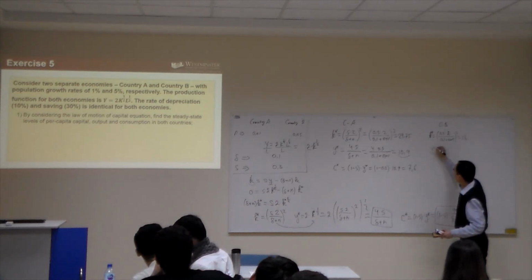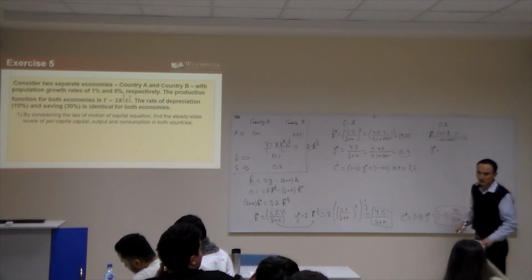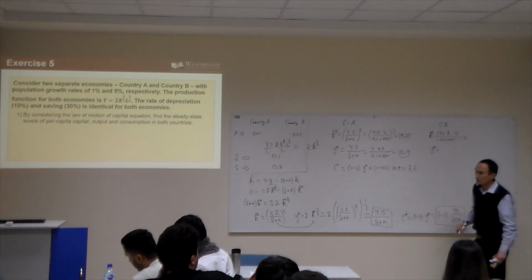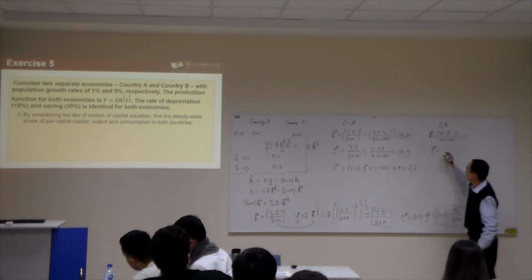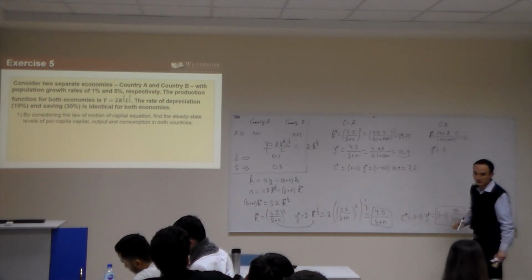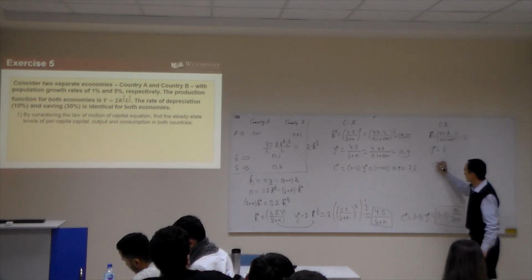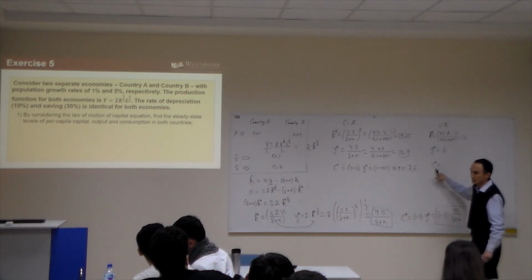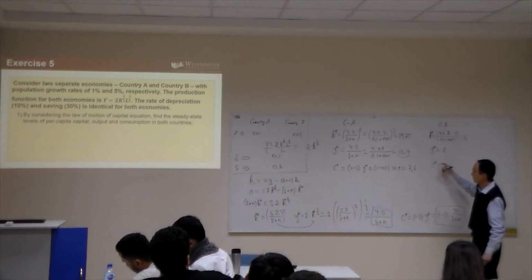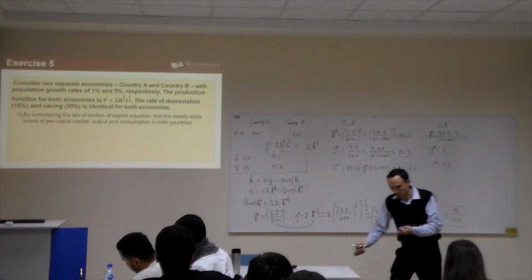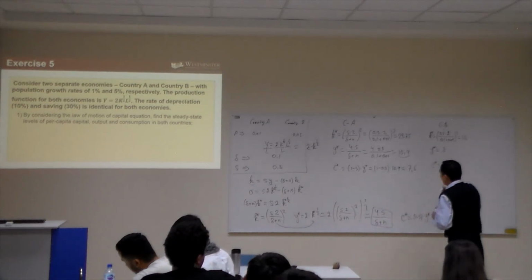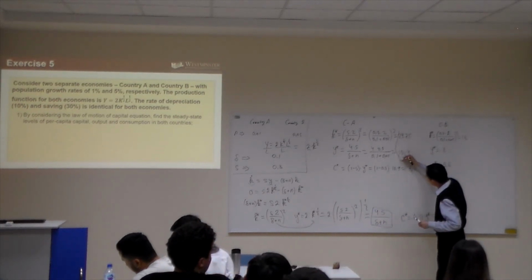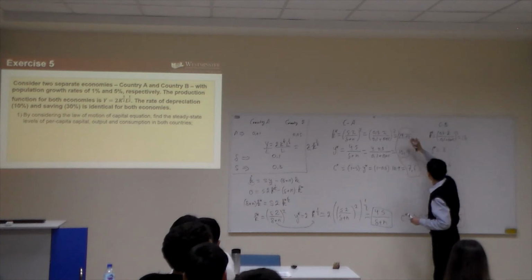If you find Y star, per capita output, if you apply it, it's equal to 8. And if you find consumption per capita in the steady state level, it's going to be equal to 5.6. Okay. 5.6. So now, data for both countries in steady state level is found.